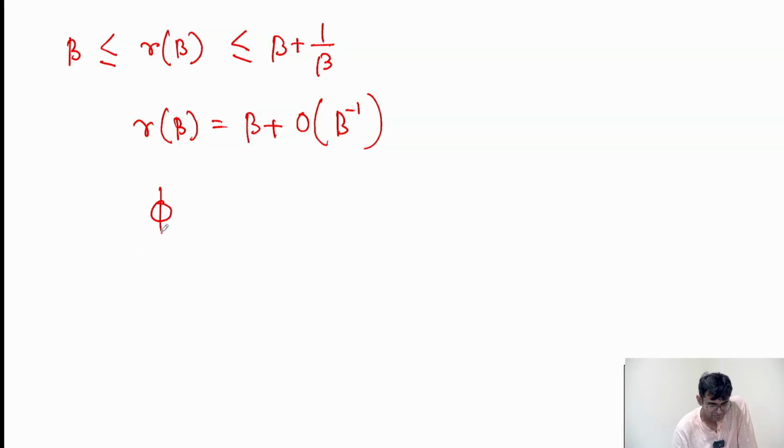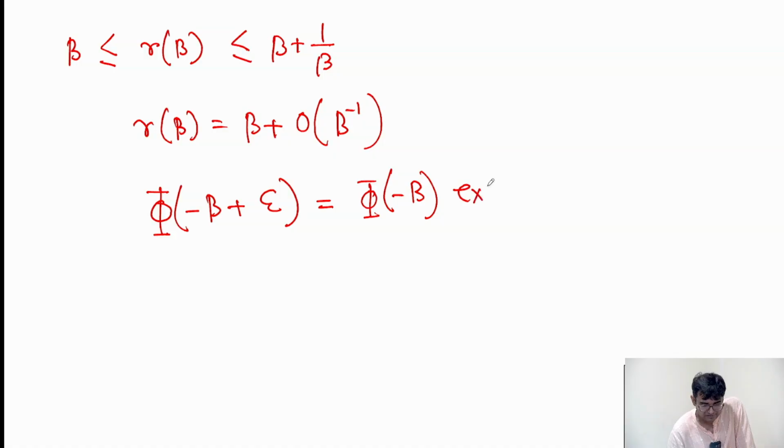So assuming beta is 3 or above, 1 by beta I can ignore, and so I will end up with R beta equal to beta, and therefore we know that phi of minus beta plus epsilon will be equal to phi of minus beta exponential of beta epsilon, right? So we are finally done with the proof and everything associated with the second order reliability method, okay.